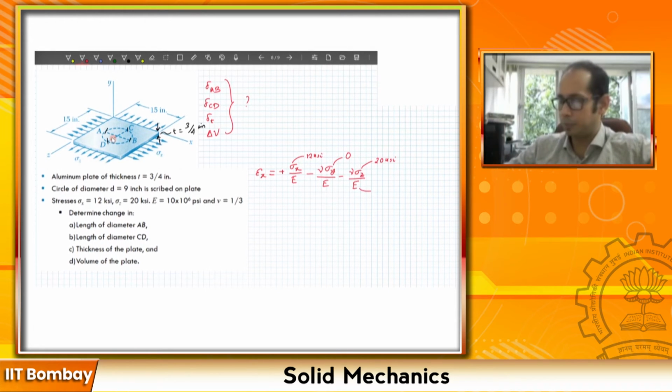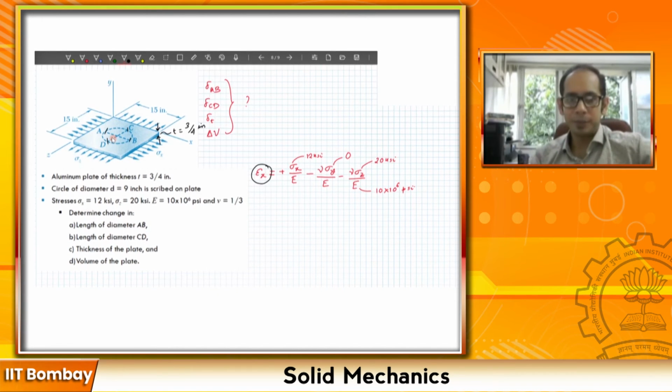It just depends upon the material. It is 10 times 10 raised to 6 psi, right? Once you have these quantities, you can directly plug in the numbers, and what you will get is the value of this parameter, epsilon x, right?